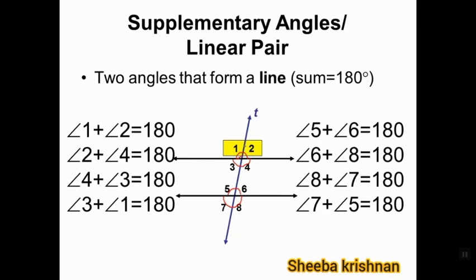And angle 2 plus angle 4 is 180 degree. Angle 6 plus angle 8 is 180 degree. Angle 1 plus angle 3 is 180 degree. Angle 5 plus angle 7 is 180 degree.